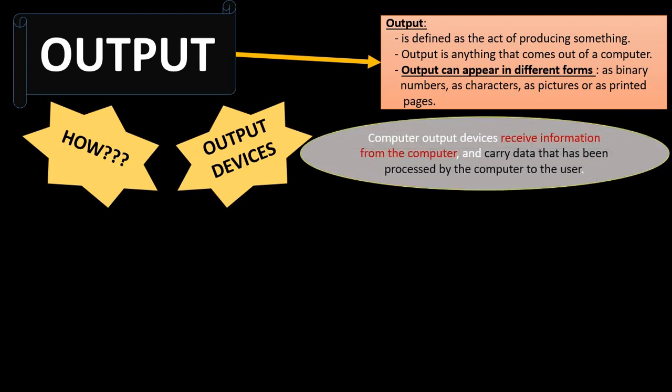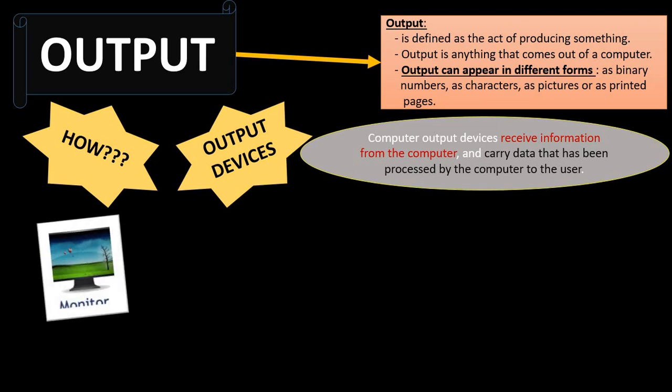What are output devices? Computer output devices receive the information from the computer, and whatever processed information is present, it will carry that information to the user. Let us learn few examples of the output devices. Monitor. It is the most common form of output device, and it will display information similar to the television.